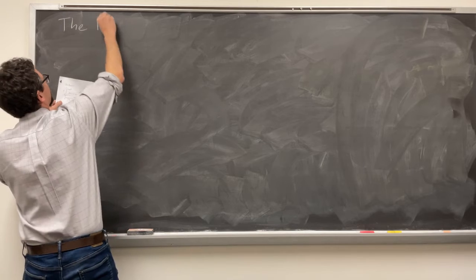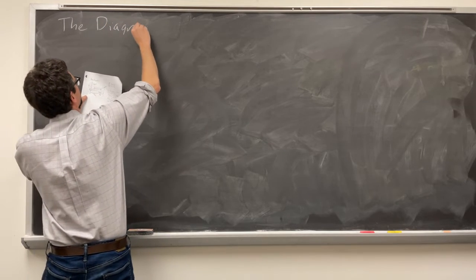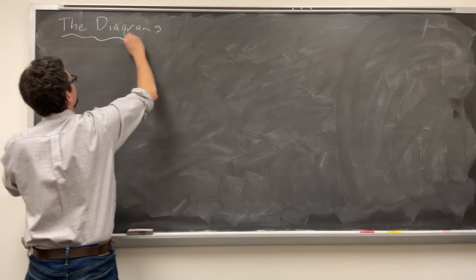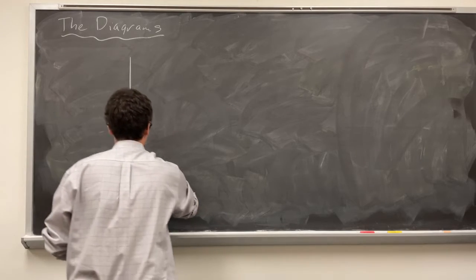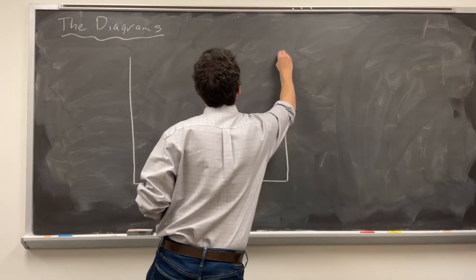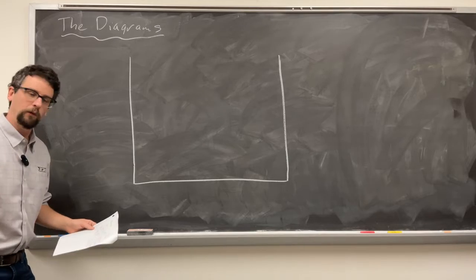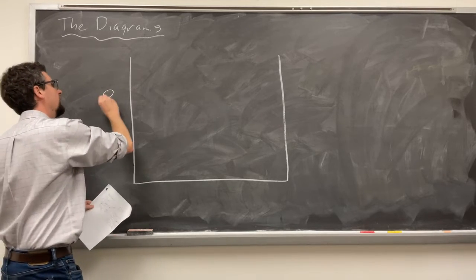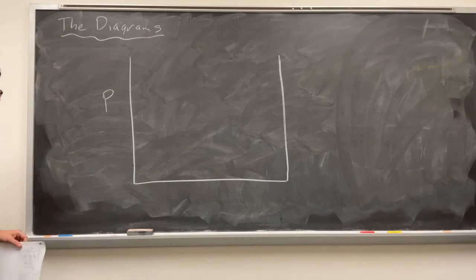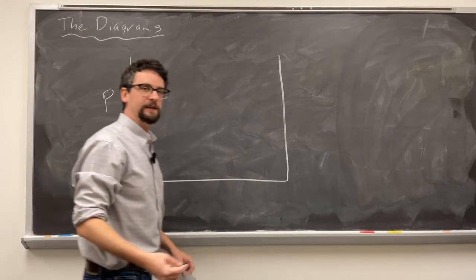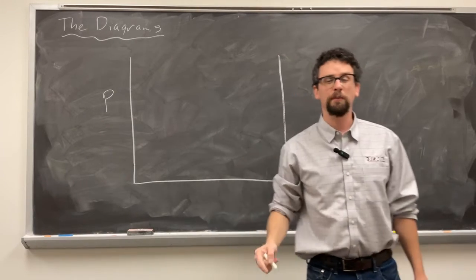So the diagrams. I'm going to try my best to draw a plot. Hopefully it comes up well. Generally, we have pressure on the x-axis, or excuse me, y-axis. And remember, we're talking about a two-component mixture.